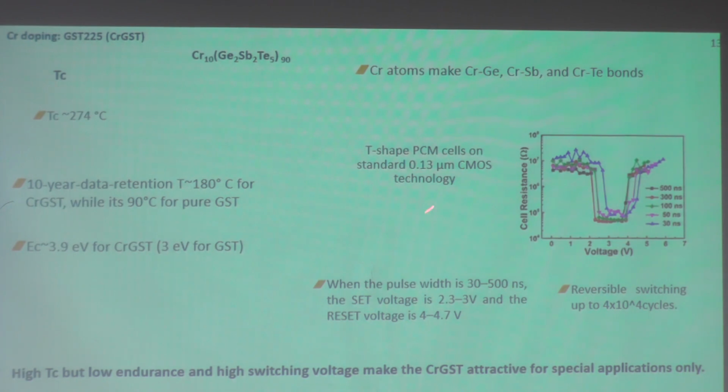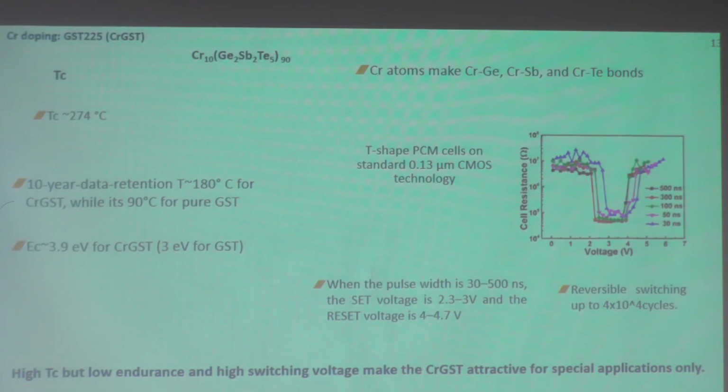The performance of such, the EXAFS showed also the formation of bonds, chromium germanium, chromium antimony, chromium telluride bonds, which also can explain the thermal stability of such compound.